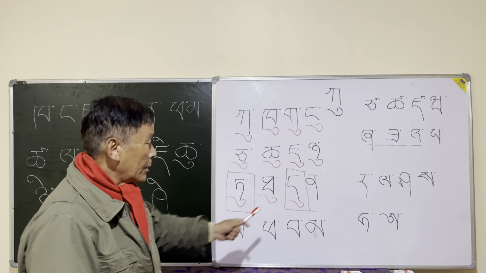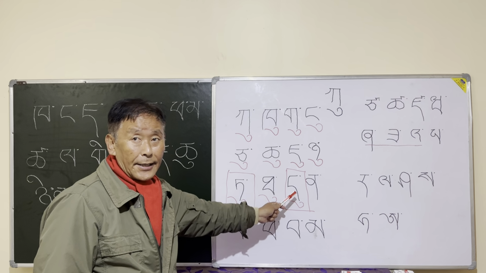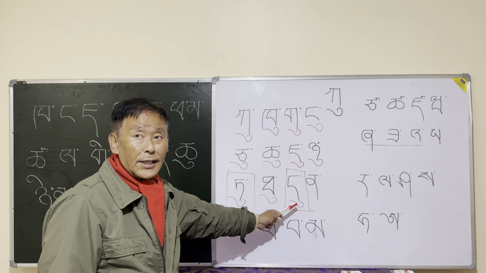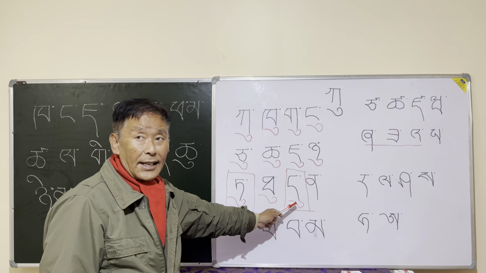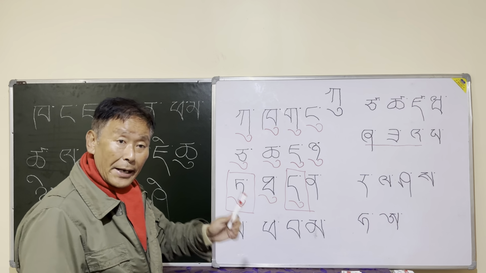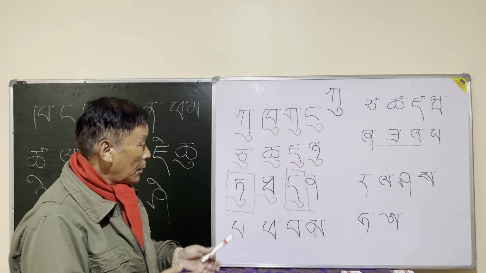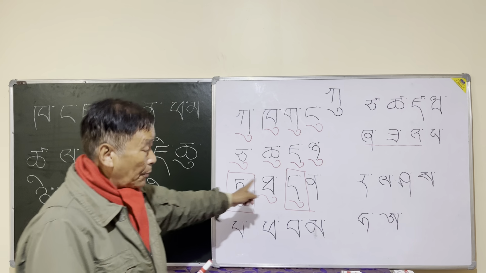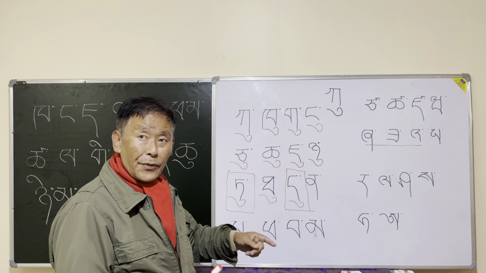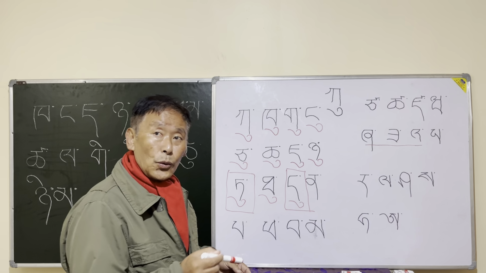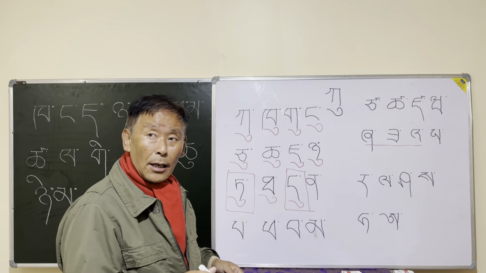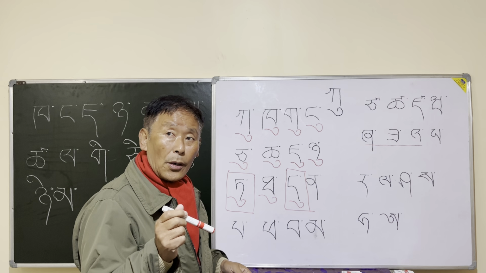Sometimes we write da, sometimes tu, depending on the suffix. That we will do later on. But this is important: every time you see tu or du, it's either to, in, at or on.